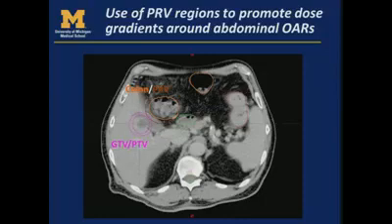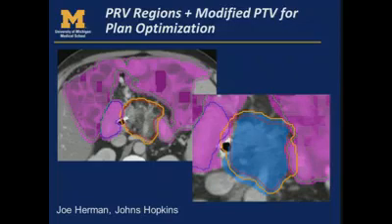One thing that we employ in our clinic are PRV regions to promote dose gradients around the abdominal OARs. So there's some uncertainty in where the colon or small bowel is going to fall from day to day. So you may want to employ a PRV, even an asymmetric PRV to use for treatment planning. And here's just an example of one for colon. And same thing with pancreas.